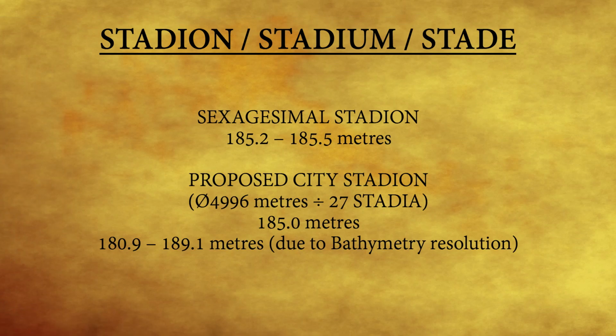If we divide 4,996 meters by 27 stadia, which is the diameter of the city that Plato describes, this gives us 185 meters. In reality, due to the low resolution of the bathymetric data, the tolerances on this will give us between 180.9 to 189.1 meters, but it basically ties up with both the Ptolemaic stadion and the sexagesimal stadion.